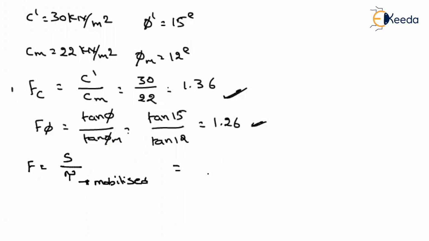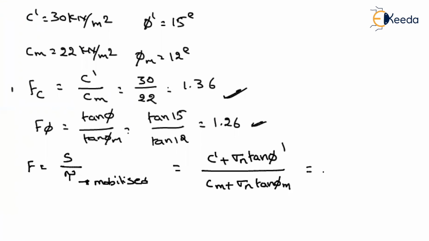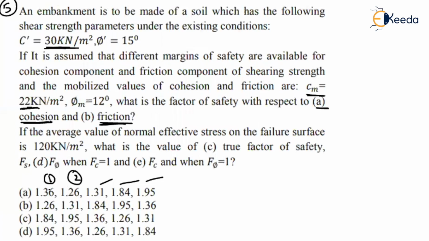So the shear strength is C dash plus sigma n into tan phi dash, and the shear stress uses the mobilized values: Cm plus sigma n into tan phi m. If you substitute the values, you will get 1.31. So 1.36 done, 1.26 done, 1.31 is also done.